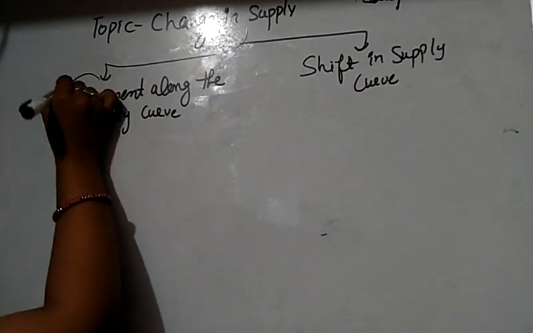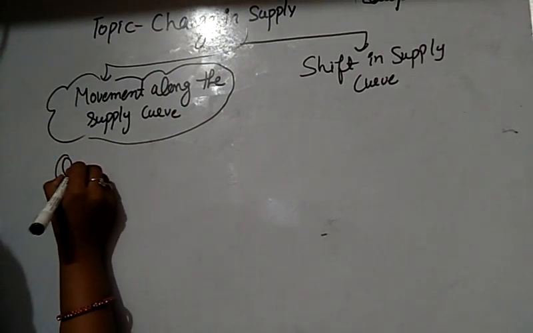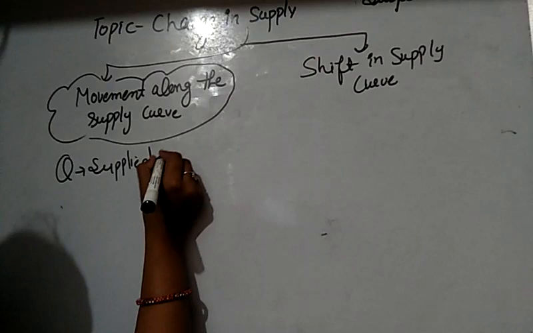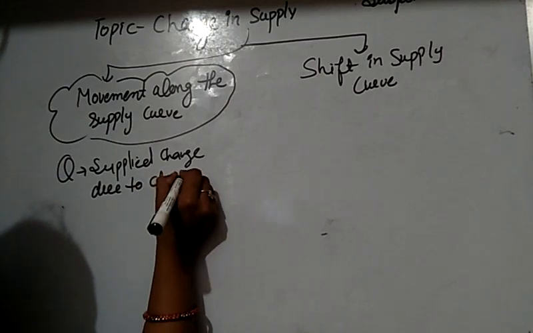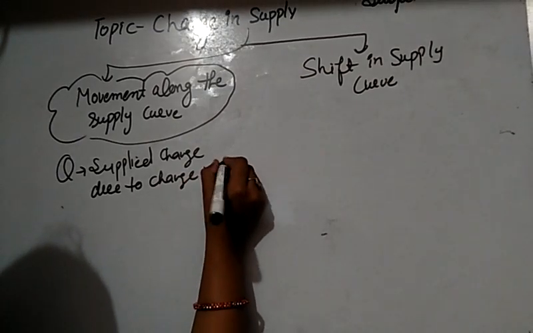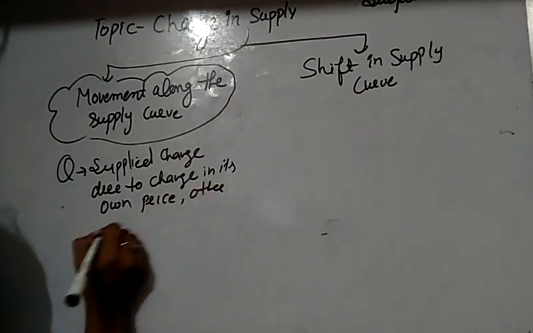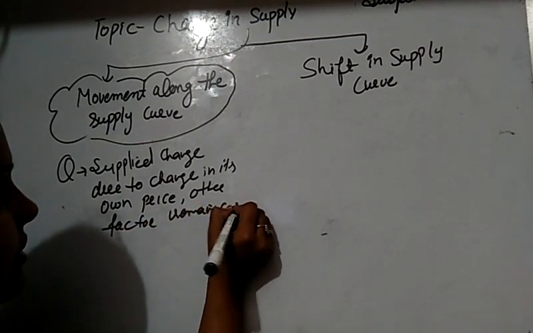Okay, students. When there is movement along the supply curve, the quantity supplied of a commodity changes due to a change in its own price, other factors remaining constant.